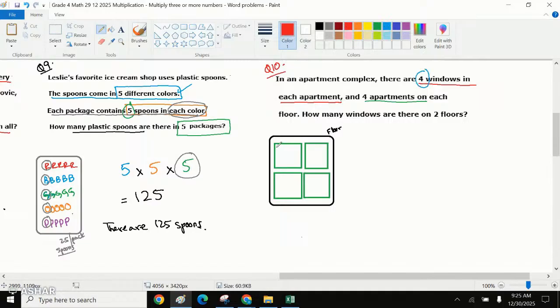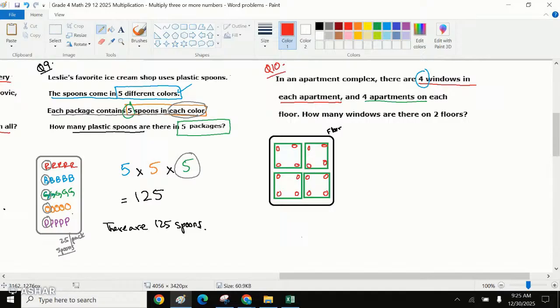4 windows in each apartment. 1 window, 2, 3, and 4. 1, 2, 3, and 4. 1, 2, 3, and 4. 1, 2, 3, 4. That means on each floor, how many windows are there?